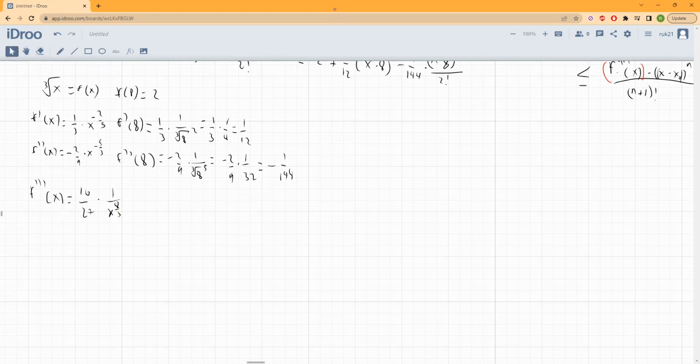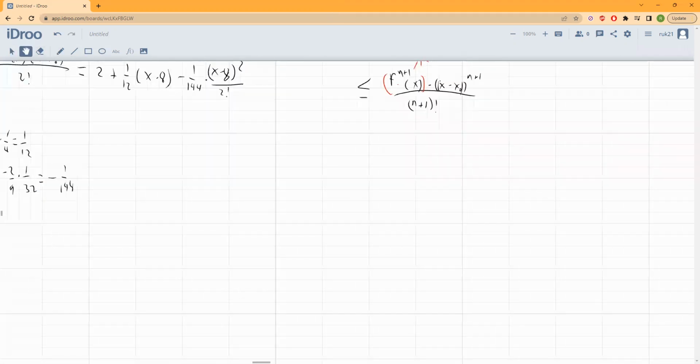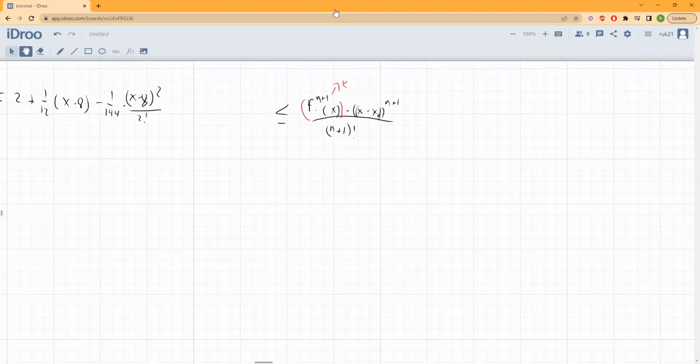I'm just going to quickly copy that down and bring it over there so it's a bit closer. Ctrl+C, and I'm going to bring it right over here. Ctrl+F. Perfect. Let's move this just a bit over here. Great. So we have our n plus 1 derivative.